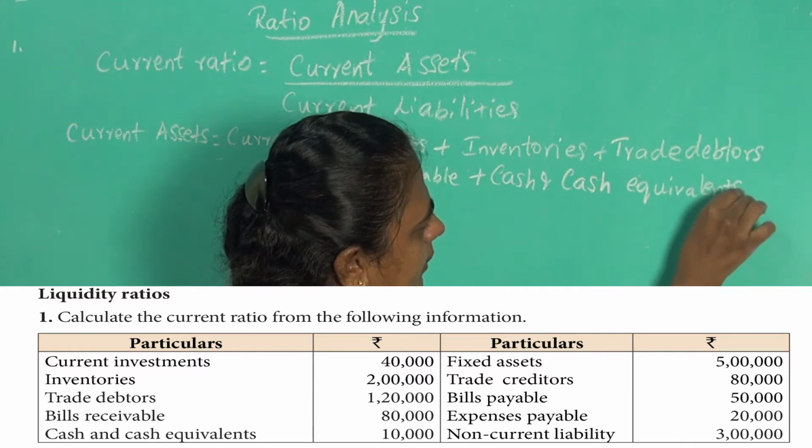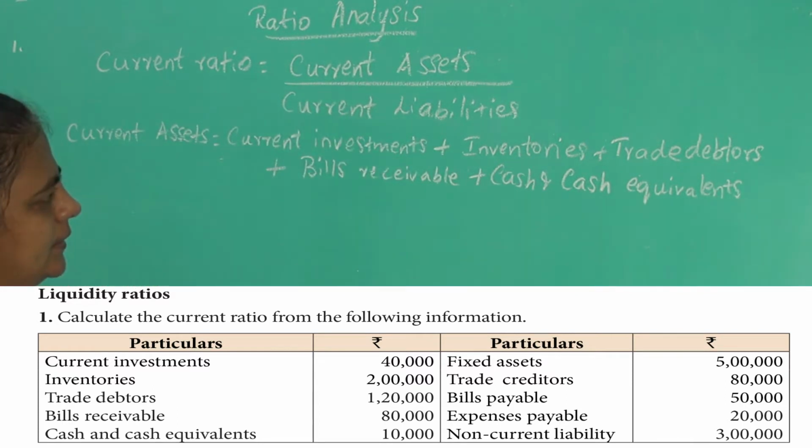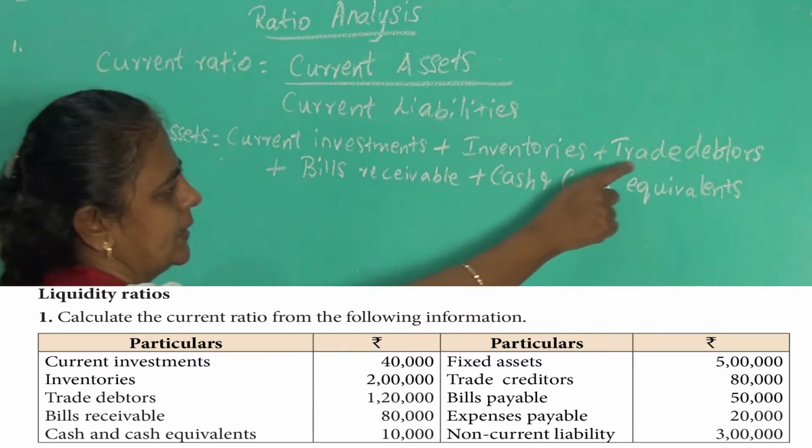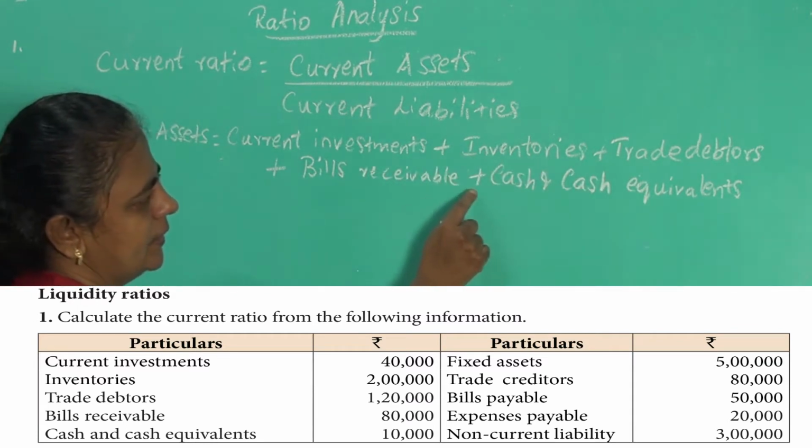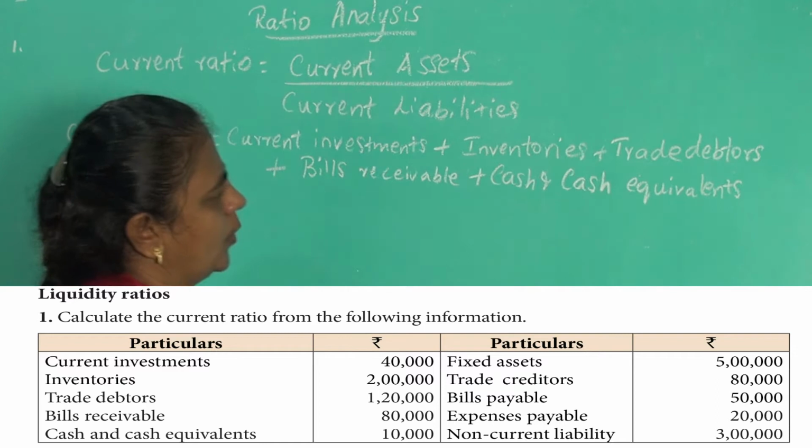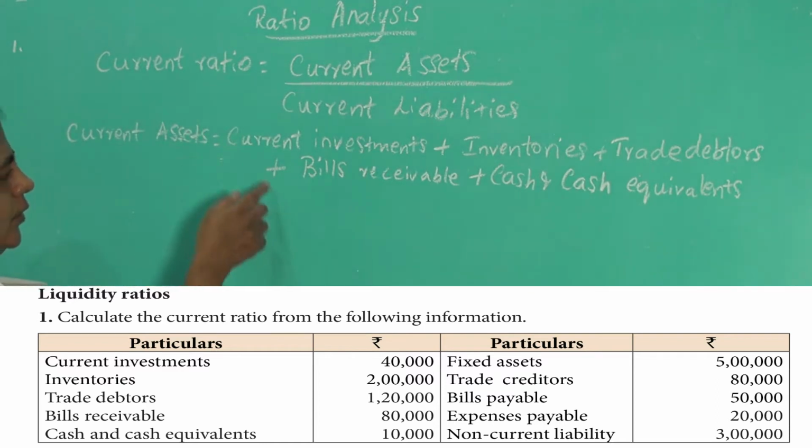All that are equal to cash. Okay. Current investments, inventories, trade debtors, bills receivable plus cash and cash equivalents. All these are current assets. Okay. So write the amount of current asset.